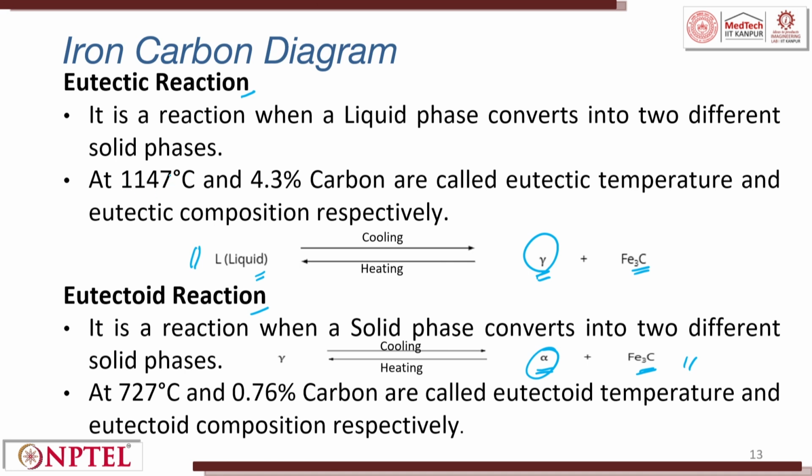At 1147 degrees Celsius and 4.3% carbon, you have the eutectic temperature and eutectic composition respectively. When you talk about eutectoid, at 723 degrees Celsius and 0.76 composition, you get the eutectoid temperature and eutectoid composition.